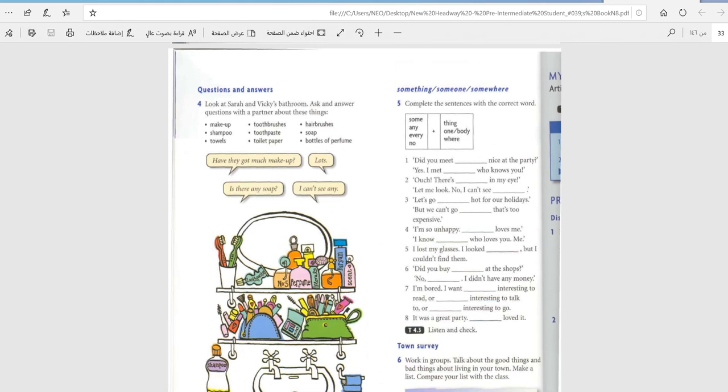Something, here we can see something, someone, somewhere.